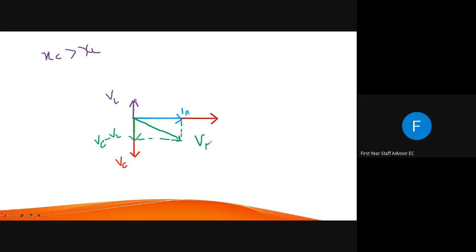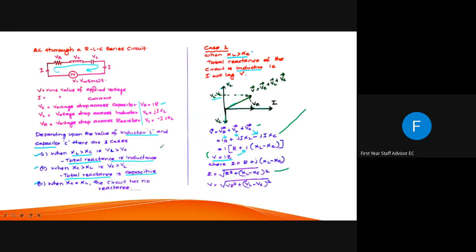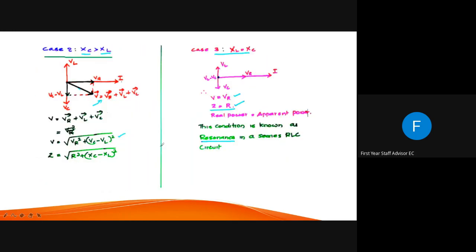VR plus VC minus VL. Okay, so here you can see the formula. No need to derive and all, you can directly write. Now the formula of impedance, Z is equal to square root of R square plus XC minus XL square.